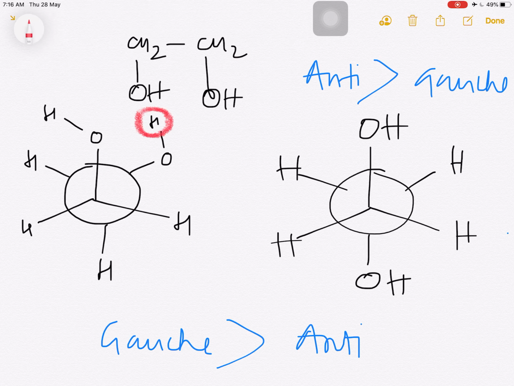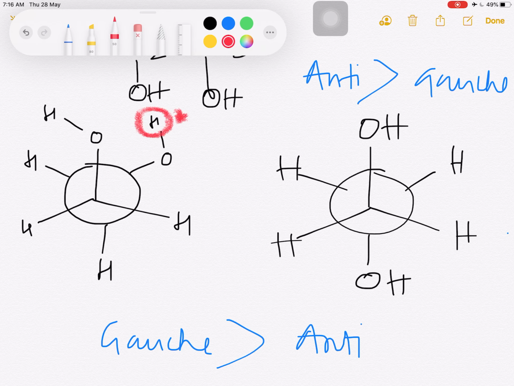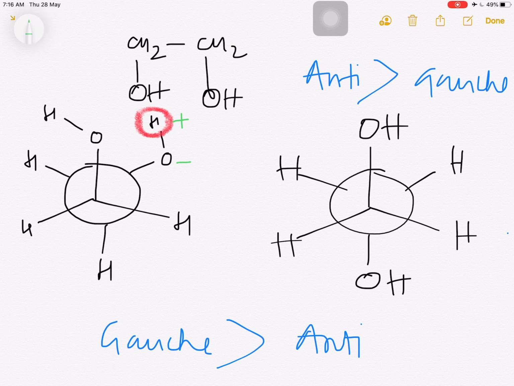Oxygen is more electronegative, so hydrogen has a delta plus charge and oxygen has a delta minus charge. This other oxygen is also electronegative, so there is a possibility to form a hydrogen bond between this oxygen and this hydrogen. This hydrogen bond formation gives extra stability to the gauche structure.